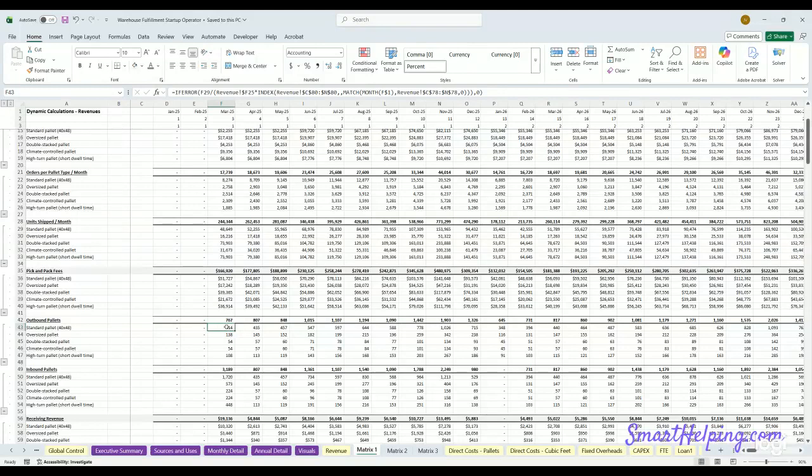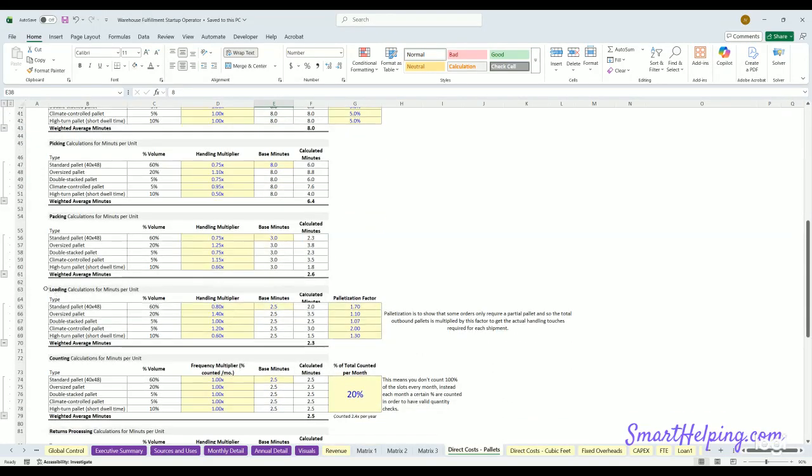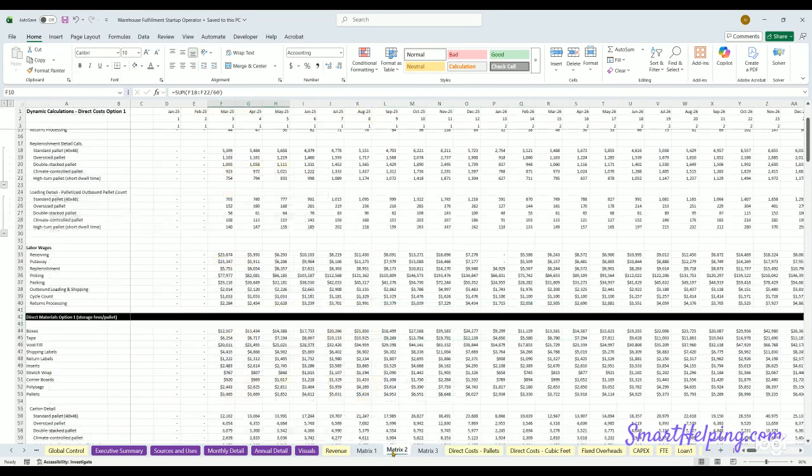So it's more than this 414. So when you're trying to figure out what's the amount of minutes for loading, we have this palletization factor. So let's say 1.7. All that means is for every pallet, you're actually doing 1.7 worth of touches. So palletization shows that some orders only require a partial pallet, and so the total outbound pallets is multiplied by this factor. Yeah, that's it. That's exactly it.